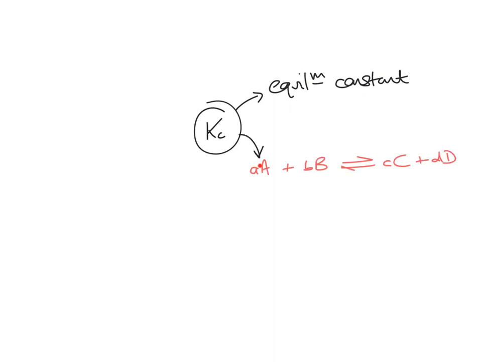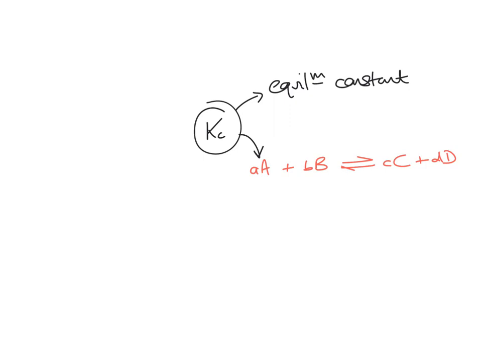So for example, taking this generic reaction equation where A, B, C, D are your reactants and products, and these lowercase a, lowercase b, lowercase c and d are the molar ratios, or the stoichiometry.